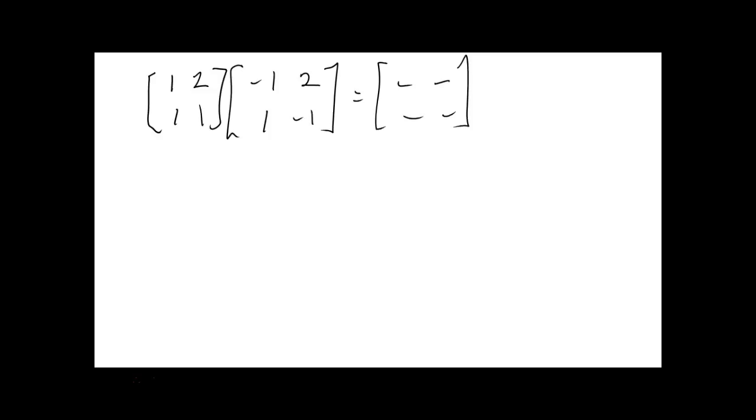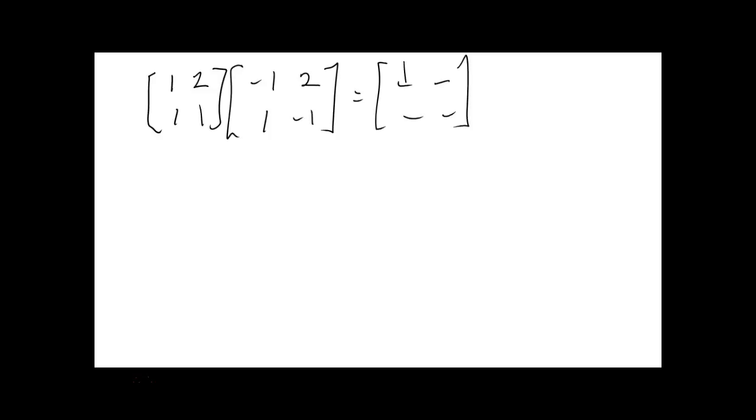First row here by first column there. What does that give you? Negative 1 plus 2 is 1. Okay. All right. Where do you want to go next?